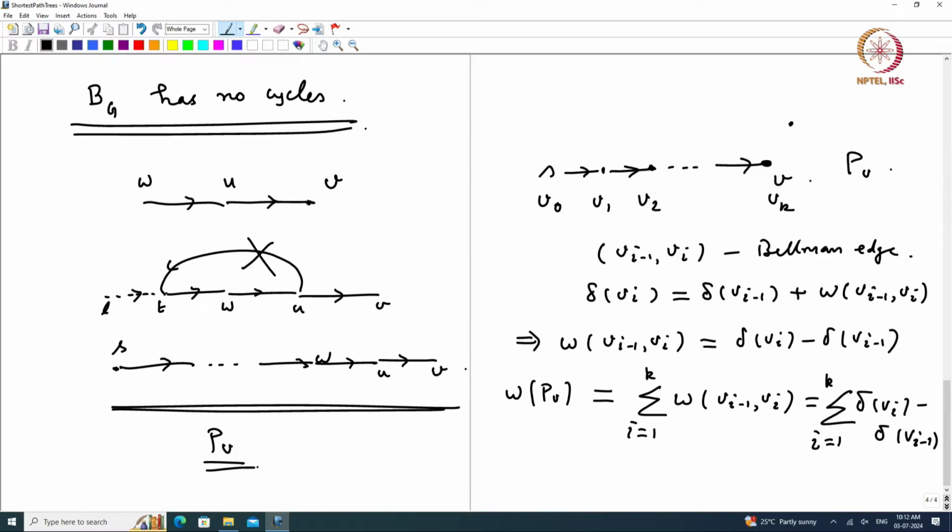The sum on the right hand side is called the telescopic sum. Sigma i equal to 1 to k of delta Vi minus delta V(i-1). How does this look?